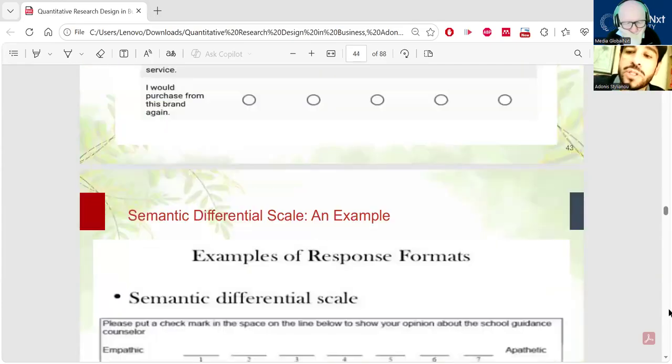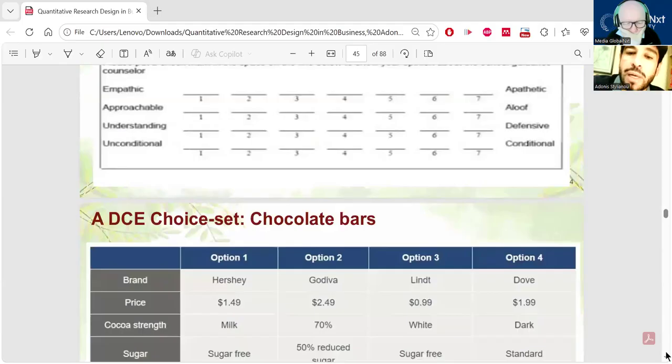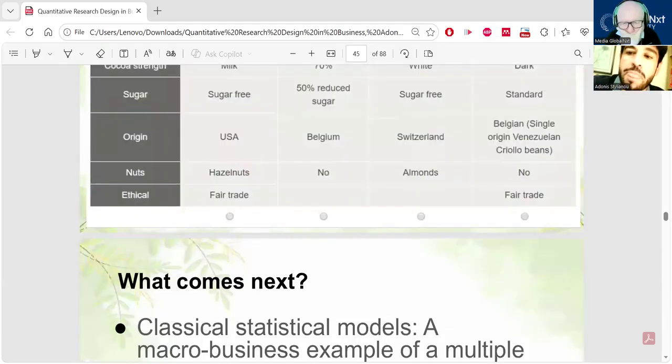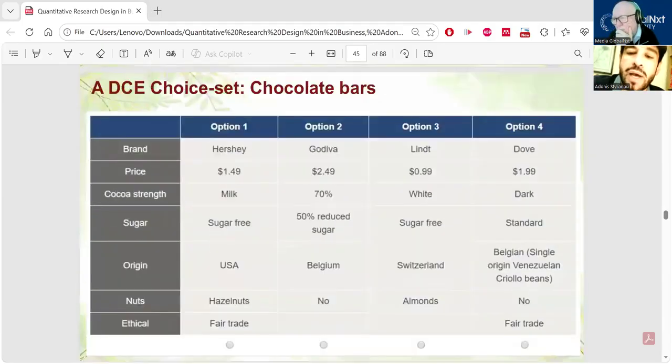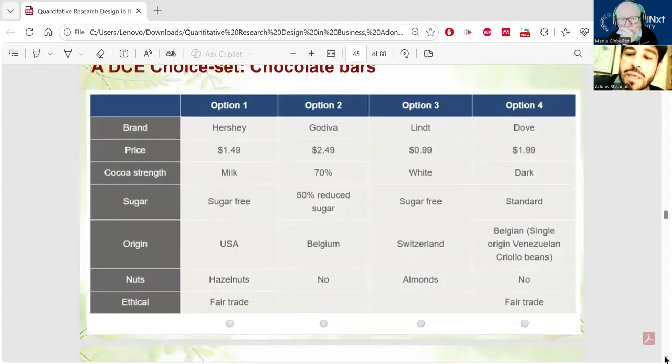So for discrete choice experiment, it's changing completely the paradigm. Why? As you can see here, I'm providing a choice set of an experiment for chocolate bars. So what is the difference here? We identify from a literature review or from a focus group which are the attributes people consider.